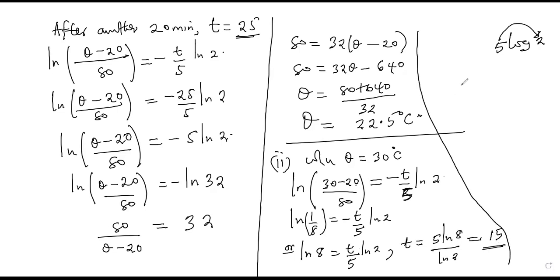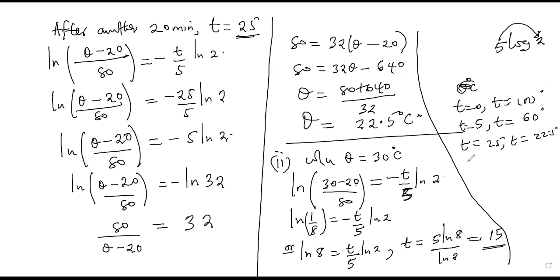When time was 0, temperature was 100. When time was 5, temperature was 60. When time was 25, of course, the temperature also has to reduce, 22.5.